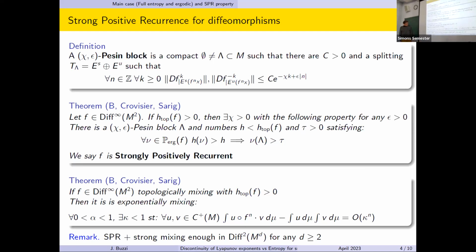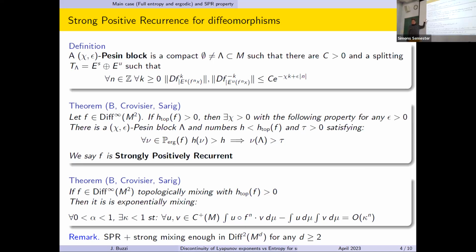And the remark I want to add is that the C-infinity surface setting is what we need to prove the strong positive recurrence property. Let's call it SPR, the SPR property.